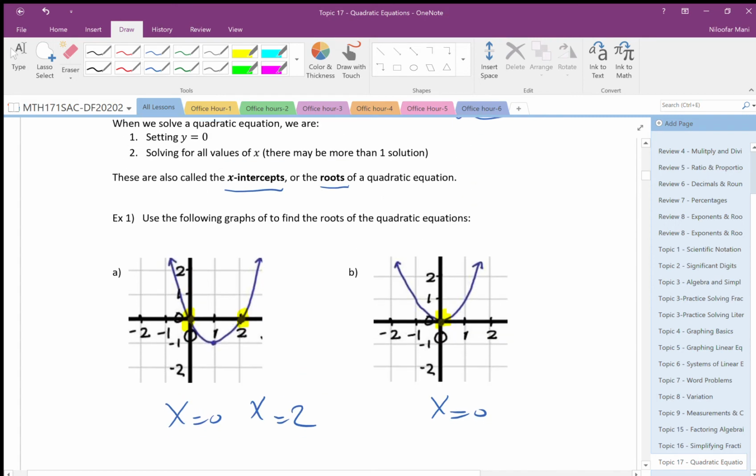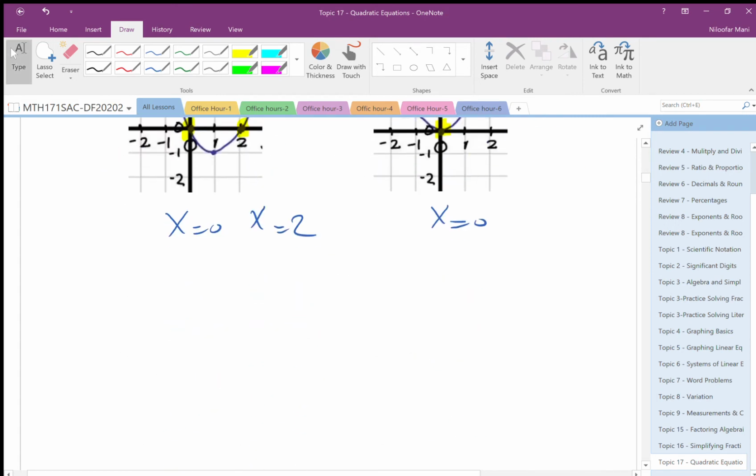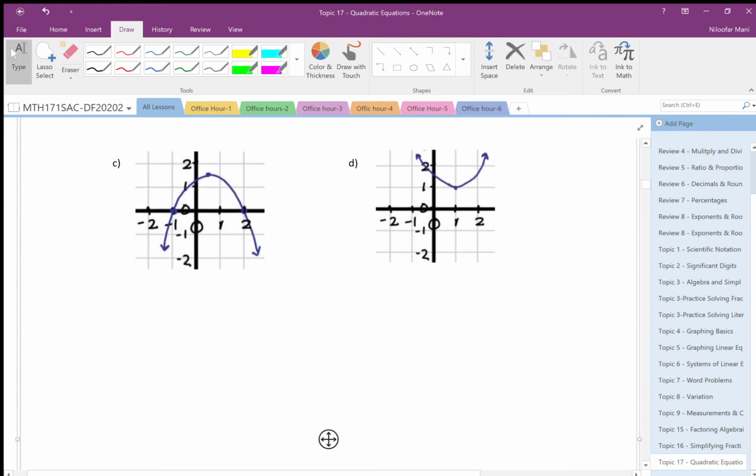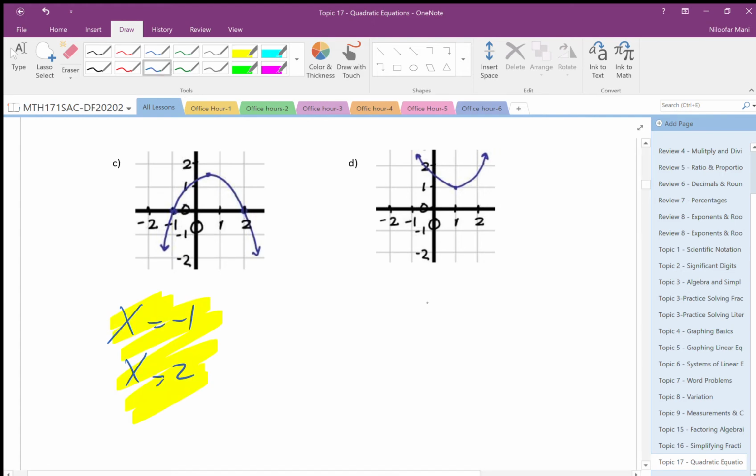So when I make the graph, the x-intercept is where x has a value and y equals 0, and that's the roots that I'm looking for. Okay, how about here? Here x equals minus 1, x equals 2. And here there is no root, because it doesn't touch the x-axis.